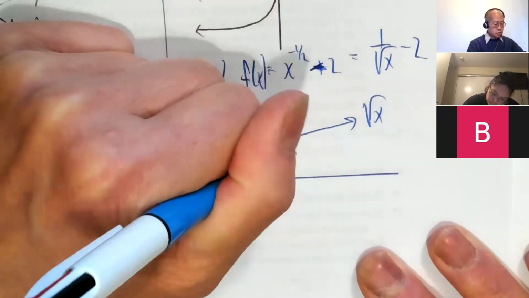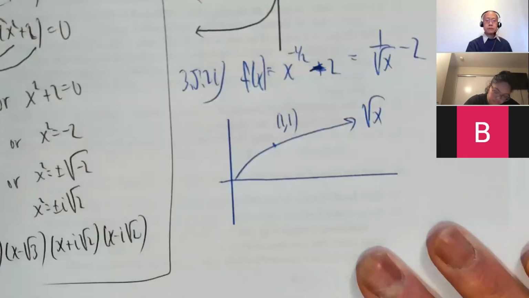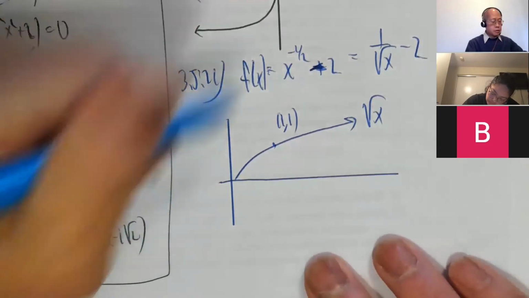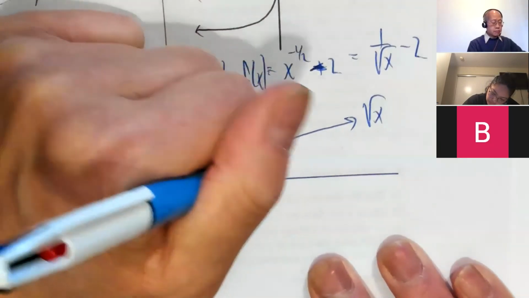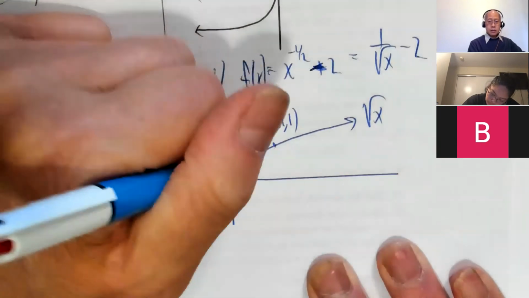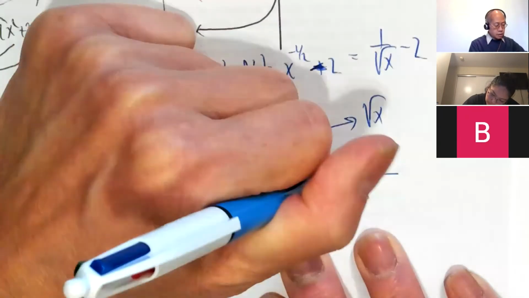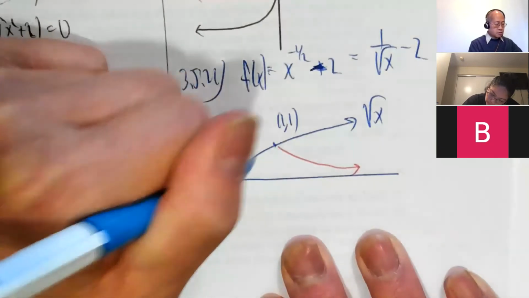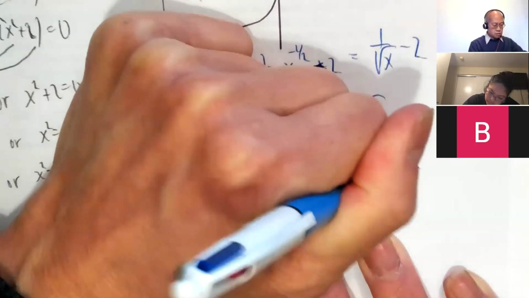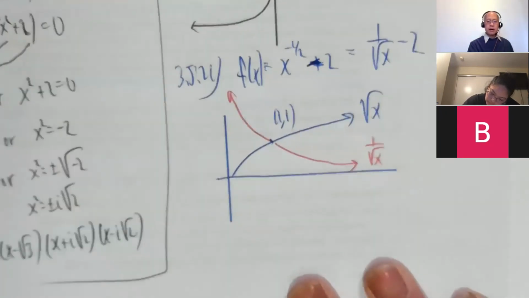So I'll start off with my square root function. Then I'll play the reciprocal game. Okay, I'll do that in red. So the function is not defined at 0. This increases, so this decreases. If I go this way, this decreases, so this increases. 1 over radical x.